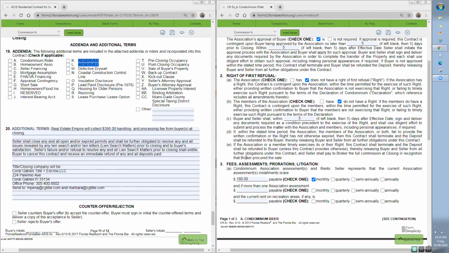So all these things we will find out. But if offhand you know what the assessment is, and the listing agent tells you, hey, there's an assessment of $120 per month for the next 2 years, right? Then here you're going to put 120, and you're going to check off monthly. Okay. If you don't know, or there isn't any, don't put anything there.